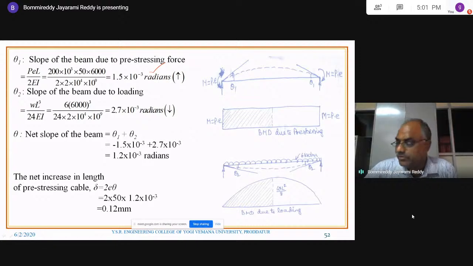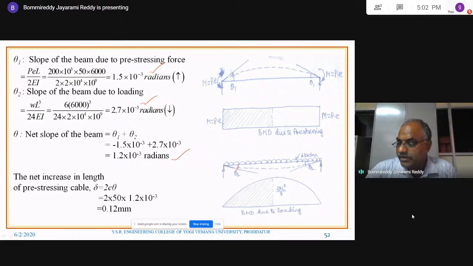When the loading is acting, that is a uniformly distributed load, theta is clockwise. That theta 2 is given by the formula WL cubed by 24EI. Substitute all the values and you will get this in radians. So one slope is clockwise and another slope is anti-clockwise. What is the net slope? It is the difference of these two.